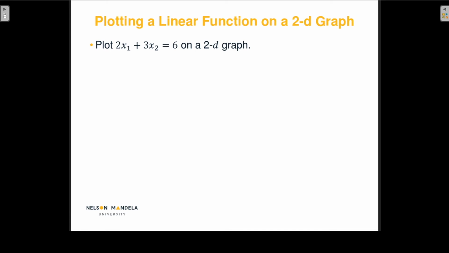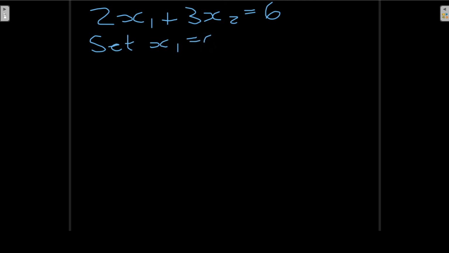So an easy way would be to first of all set your x1 equal to 0. So I'm going to start by, let me just do it on another page. 2x1 plus 3x2 is equal to 6. So I will first start by setting x1 equal to 0.